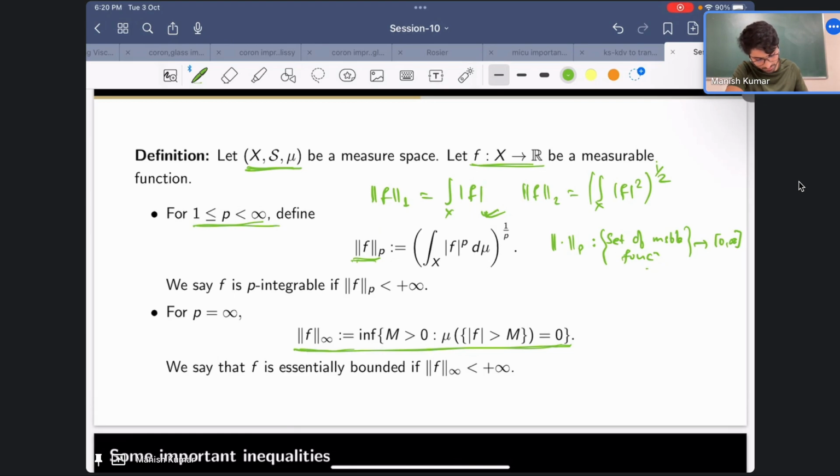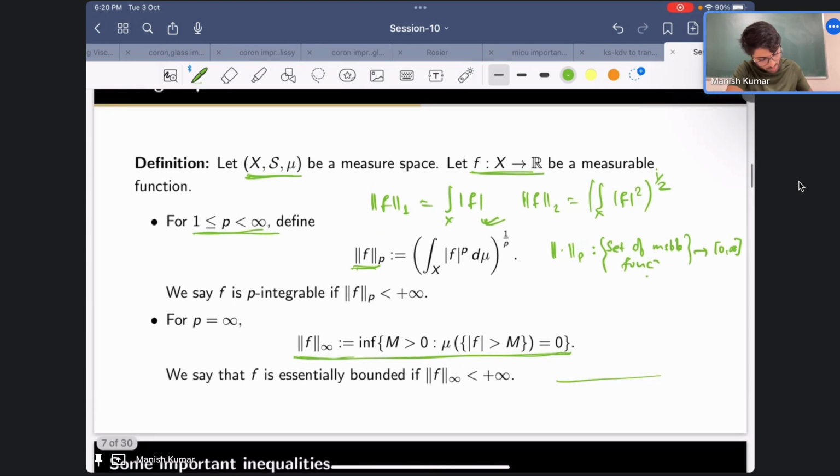So what it says is, suppose you have a function f, let me start with some continuous function. Suppose this is your function, and in the interval AB, consider the set of x such that mod of f(x) is greater than m.